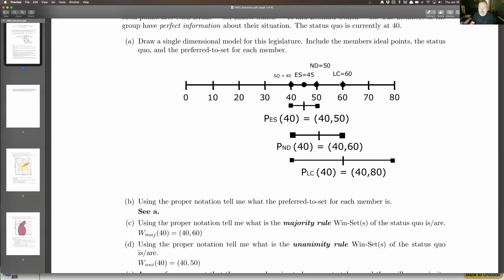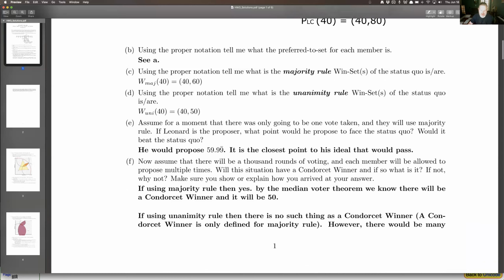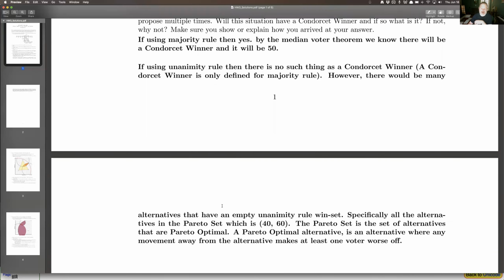That determines the Pareto set. The Pareto set is everything between these two, and every point in that Pareto set would have an empty unanimity rule win set. I didn't ask you for any of that for part F, but I thought I would list it here because it is very analogous to what we do look at in a 2-dimensional model, all right?